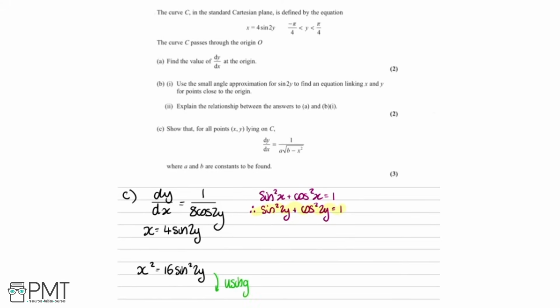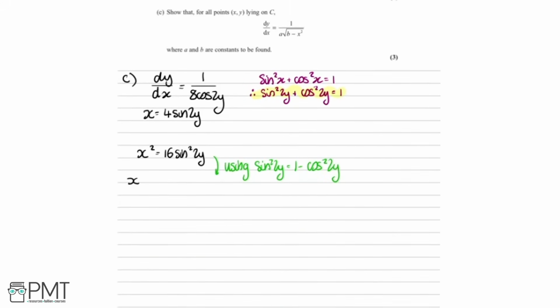If we rearrange the identity, we get that sine squared 2y equals 1 minus cos squared 2y. We can now say that x squared equals 16 multiplied by 1 minus cos squared 2y. So therefore x squared equals 16 minus 16 cos squared 2y.